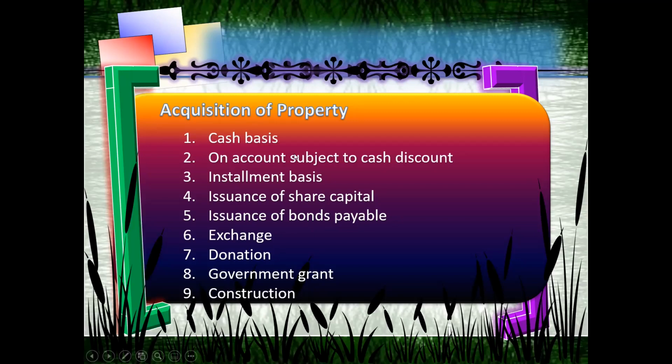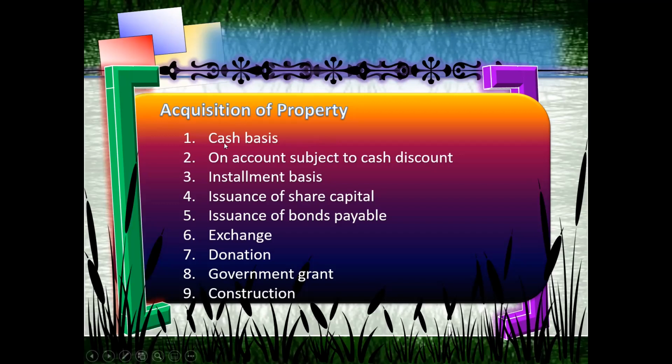Now, just take note that for each way here, what we want to establish is how much we should consider as cost. Because remember we said, at initial recognition, your property, plant, and equipment should be measured at cost.